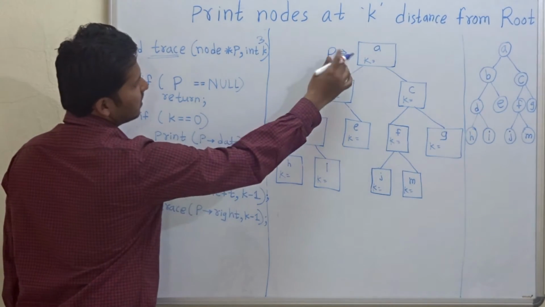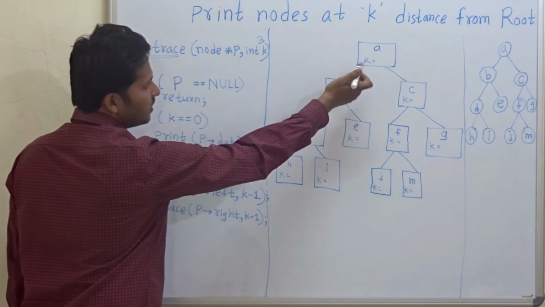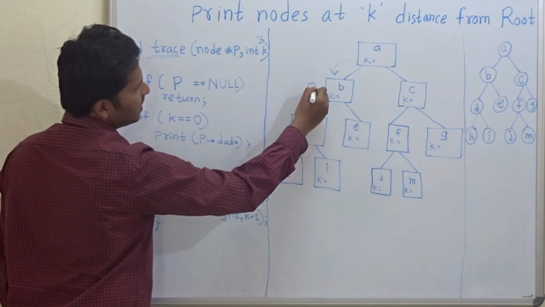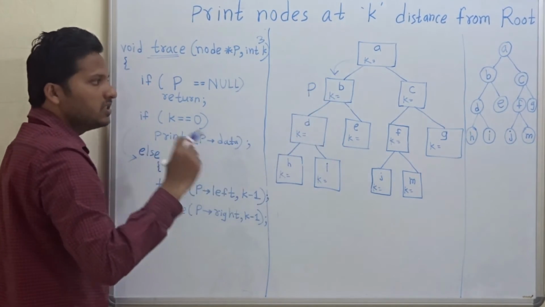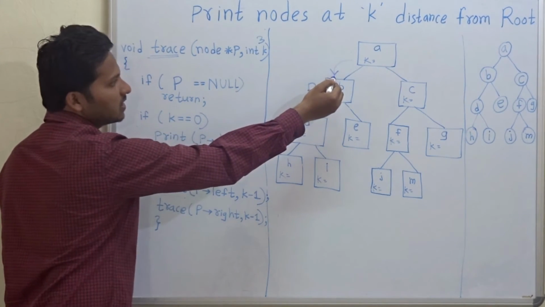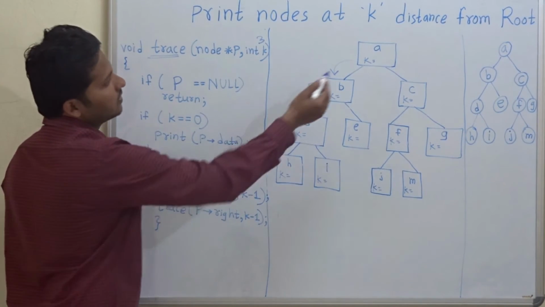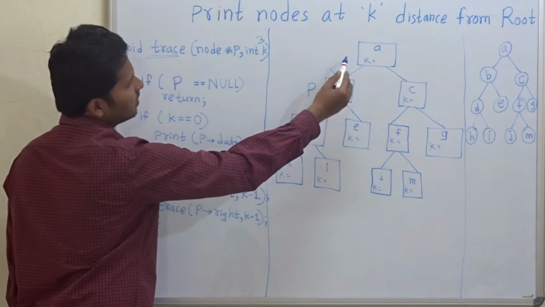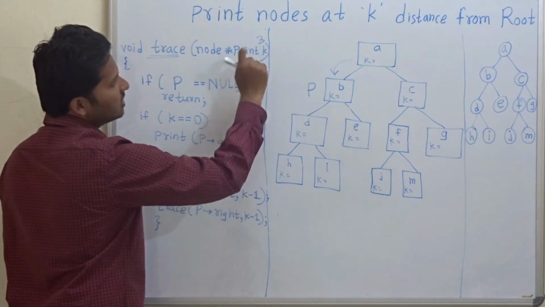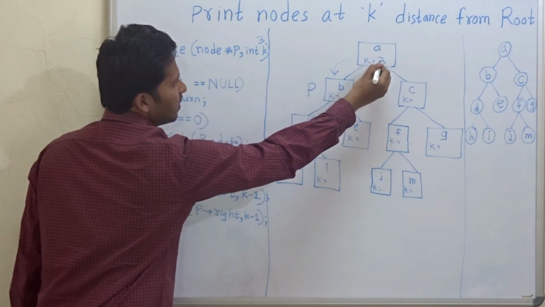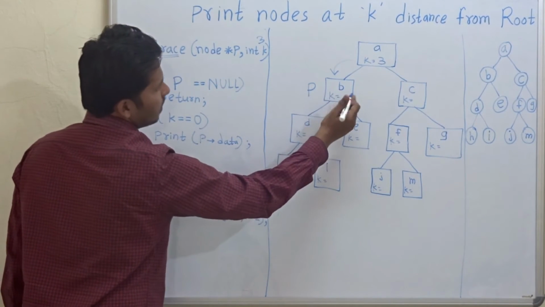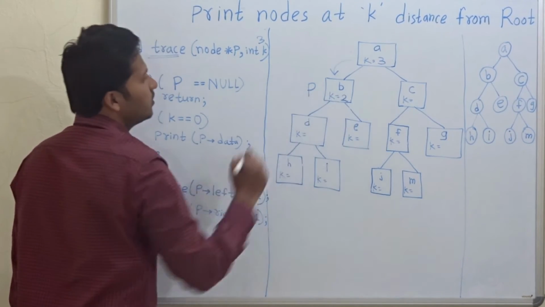This means now p will point to the left node of A. So p will point here and k will be subtracted by 1 as we have covered a distance of 1 unit. As we have covered one node, we subtract 1 from k. So initially k was 3, here k will become 2.